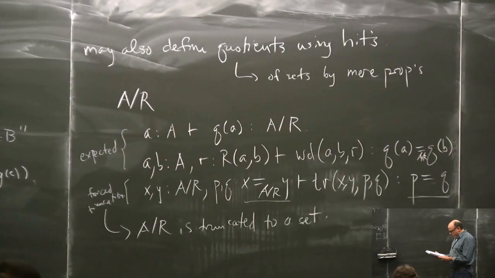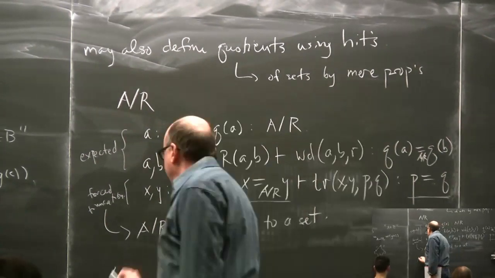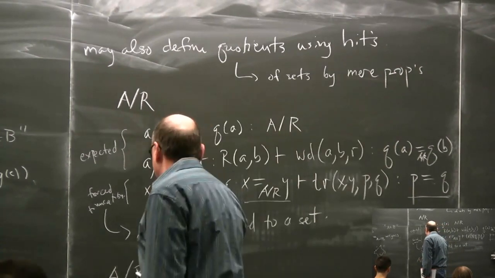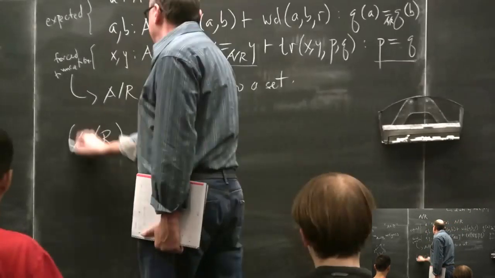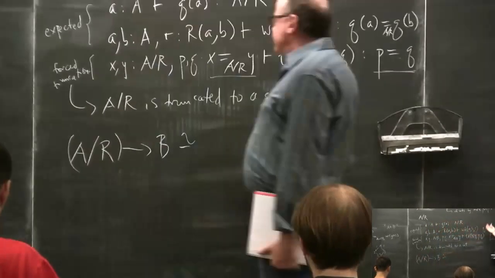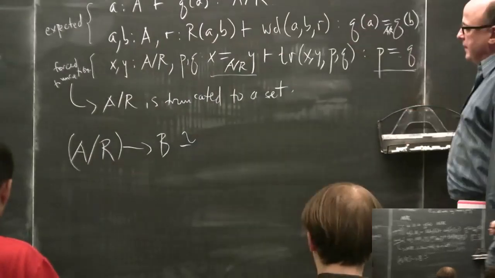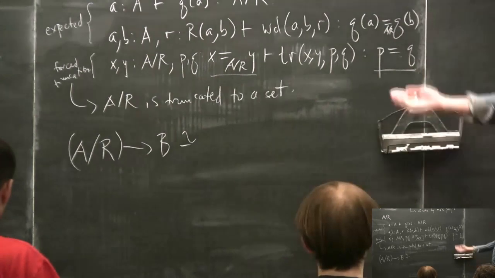And then the book characterizes this, you can look in the book, I'm doing this one quickly, that if you look at the maps from A mod R to B, given the requirements that are imposed by the definitions in higher inductive definition, what do you suppose this is going to say?